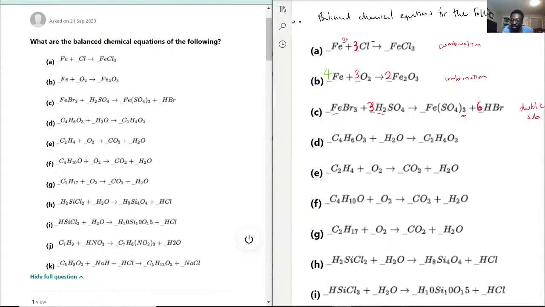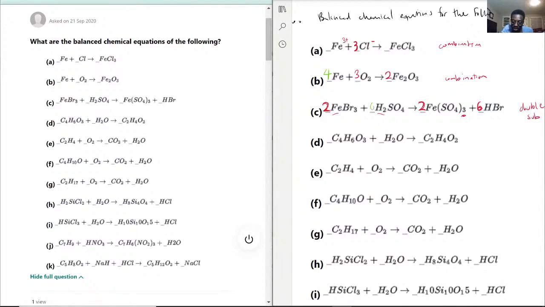And now because we have 6 hydrogens in total, let me make sure I'm doing this right. Yep, because we have 6 hydrogens in total, we need to balance out the bromine. So bromine actually needs 2 here. Okay. But now you notice we need 2 of these. But now this is going to turn into SO4 times 3. We need 6 of these.